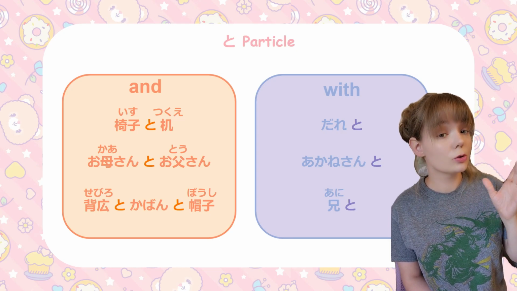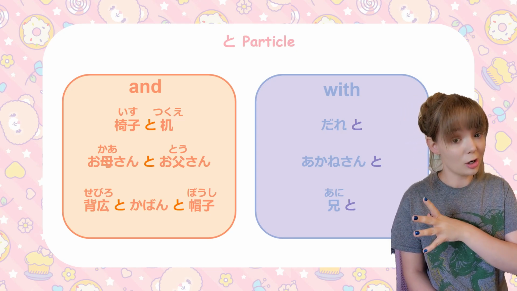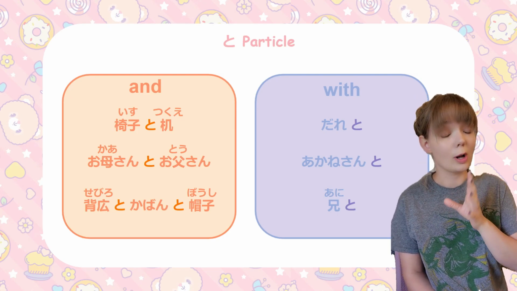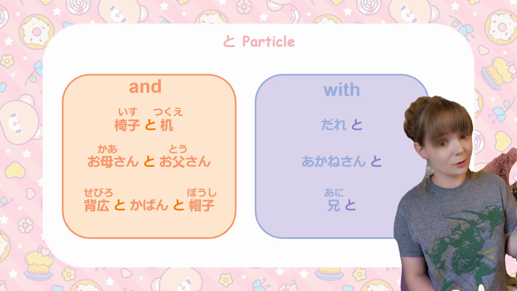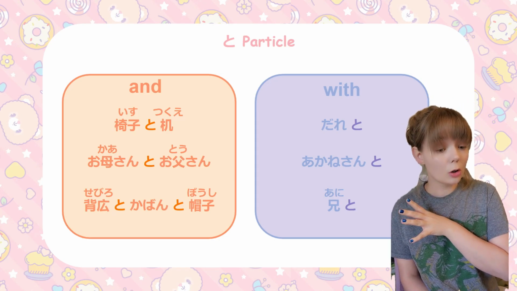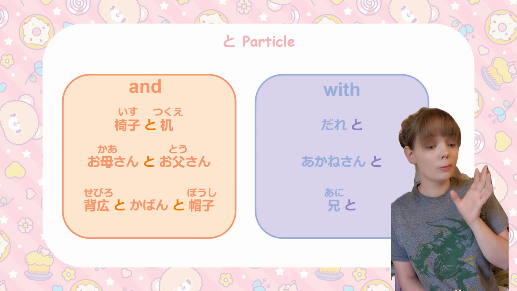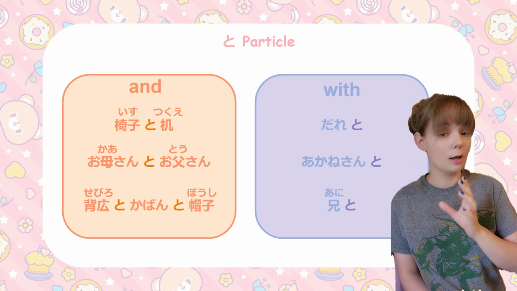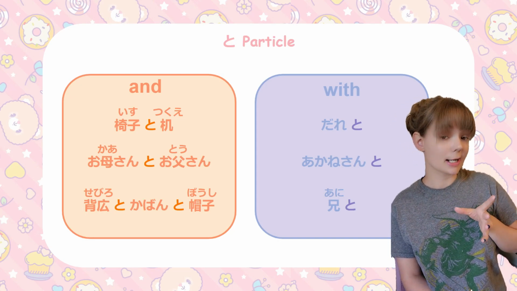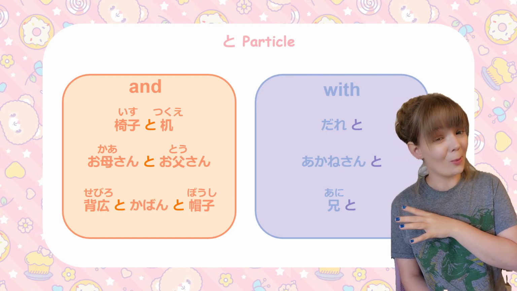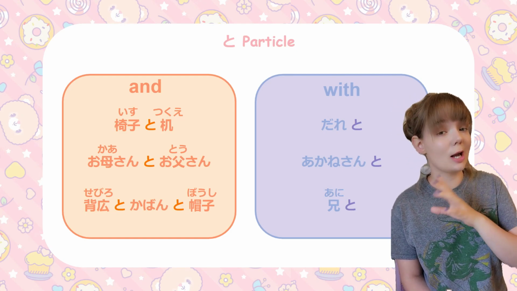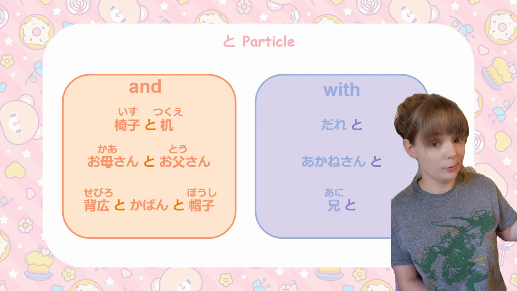Isu to tsukue, a chair and a desk. Okasan to otousan, mother and father. Seibiro to kaban to boushi, a suit, a bag, and a hat. Right, no matter how many items are in the list, you have to have to between each one.